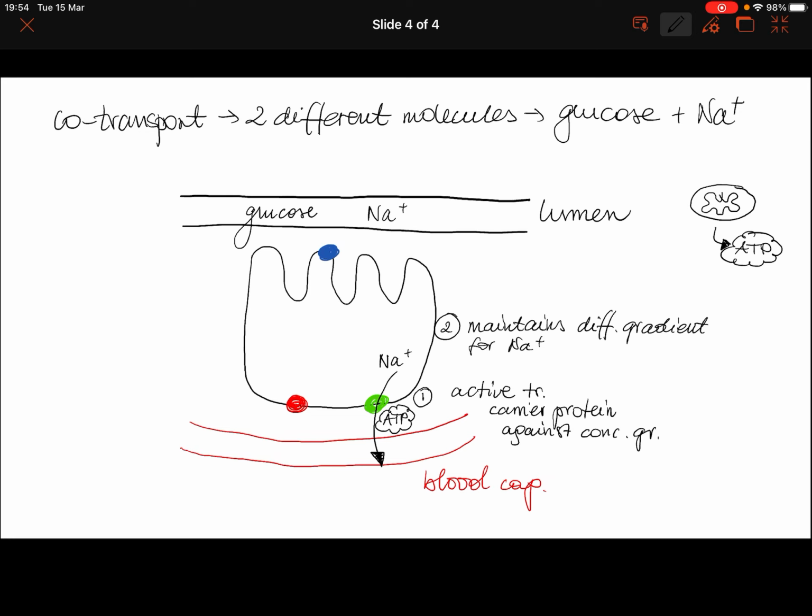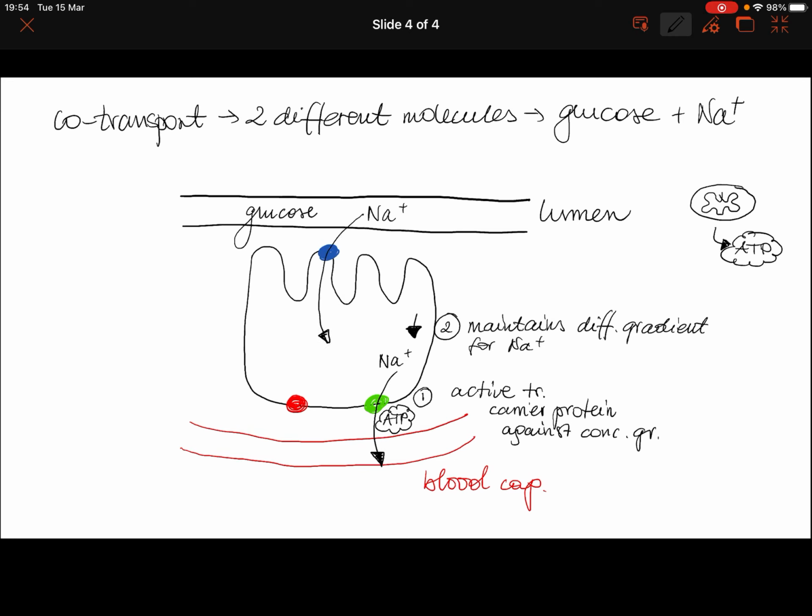Because if we transported sodium ions out of the epithelial cell, the concentration of sodium ions in the epithelial cell now decrease. That gives fantastic conditions for the sodium ions to now diffuse from the lumen into the epithelial cell.